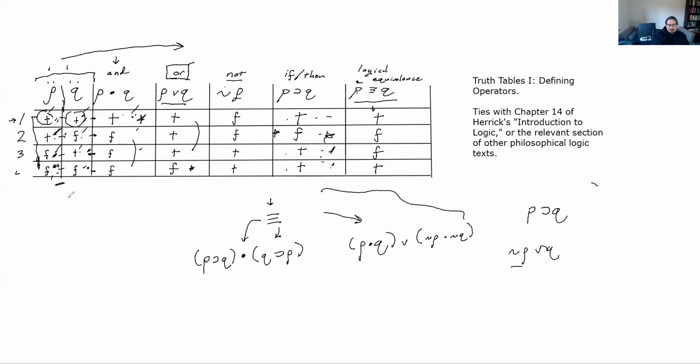But when P is true and Q is false, looking back here, the left side, which is not P, is false, and Q is false, then we get a false statement, just like our disjunction when both the left and right side are false.